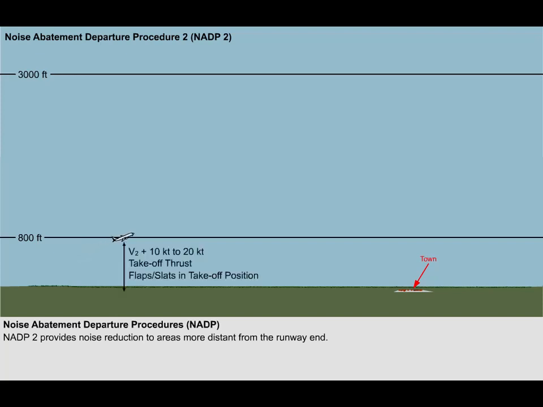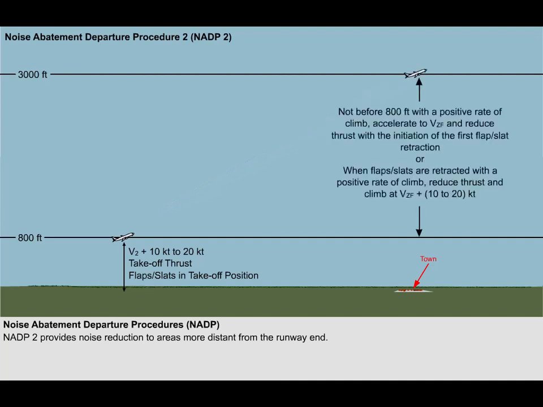Noise Abatement Departure Procedure 2 involves initially climbing to 800 feet at no less than V2 plus 10 to 20 knots. On reaching 800 feet above aerodrome level, decrease aircraft pitch, and whilst maintaining a positive rate of climb, accelerate towards zero flap speed, VZF, and reduce power with the initiation of the first flap or slat retraction.